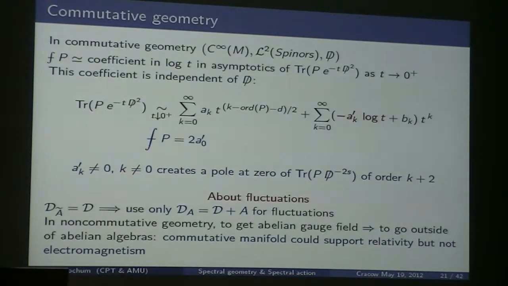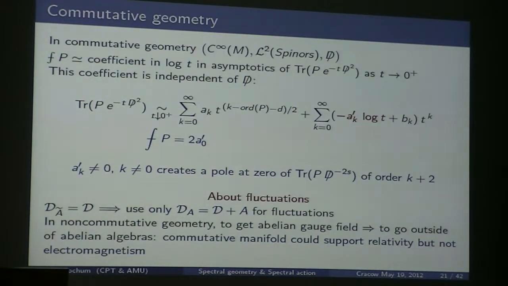So, in commutative geometry, where you start with a smooth function on a manifold, the Hilbert space is the square integrable spinors, and D is D slash. Then what is the non-commutative integral of a pseudo-differential operator?